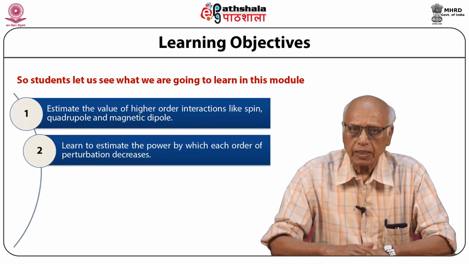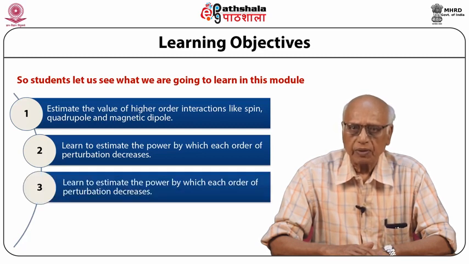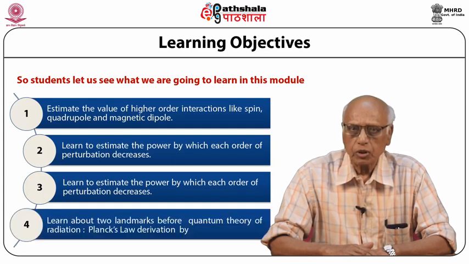You should learn to estimate the power by which each order of perturbation decreases. You will learn the derivation of Planck's law from QED with hermiticity playing a crucial role.